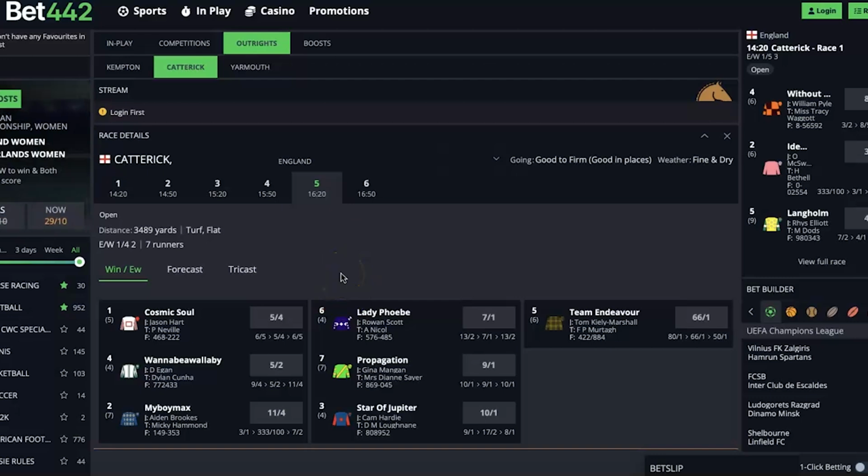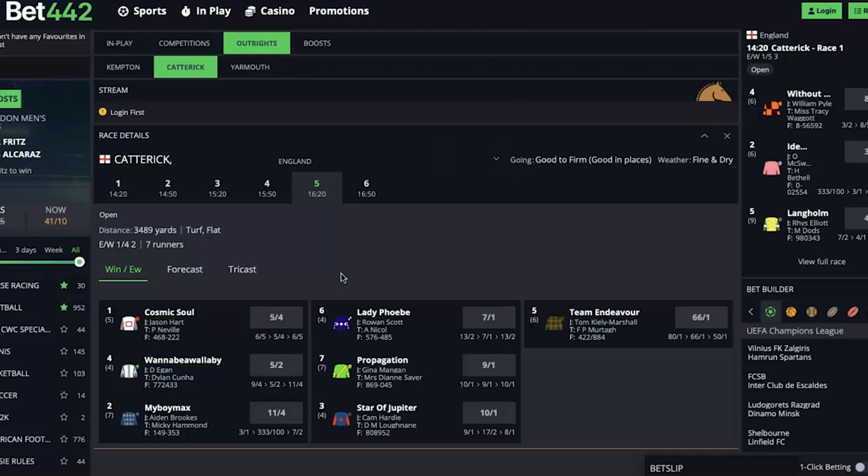So normally when you look at the terms in terms of how many horses are running when it comes to your each way bets, generally speaking, if there are 1 to 4 runners in a race, you would only get the win only available on that particular race, as there wouldn't be any each way terms.